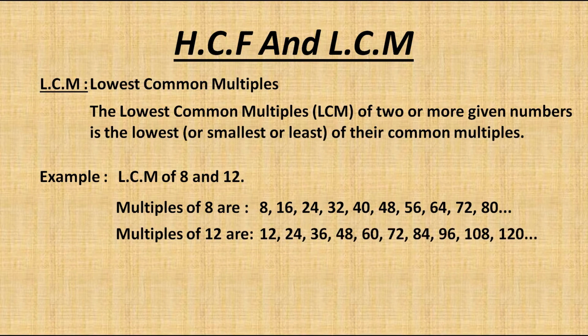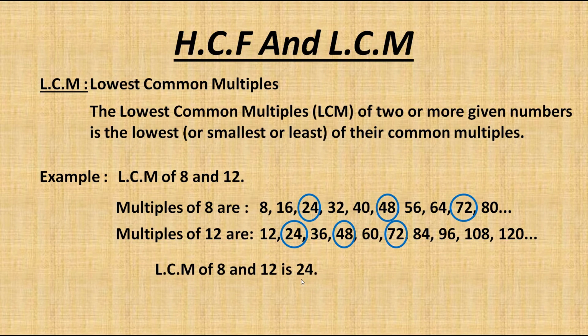So when you look carefully at these rows, you will understand that 24 is common, 48 is common, and 72 is common. As you extend the multiples, you will get more common multiples, but we need the lowest one, right? So the smallest one, and that is 24 here. Therefore the LCM of 8 and 12 is 24.